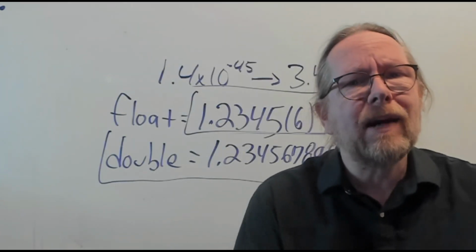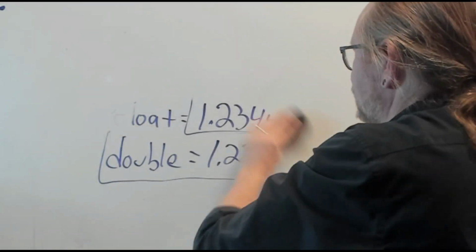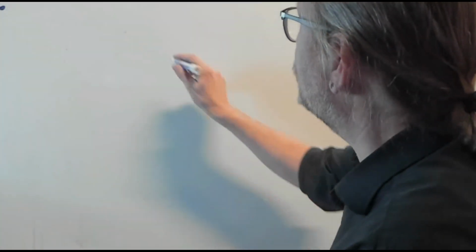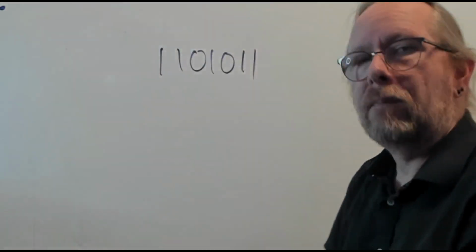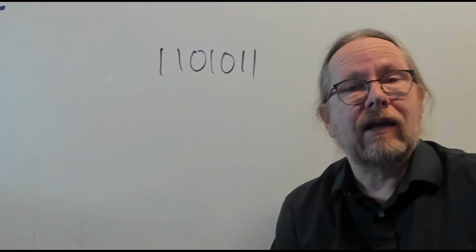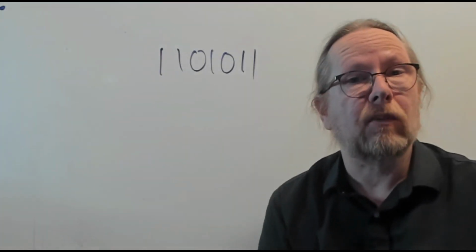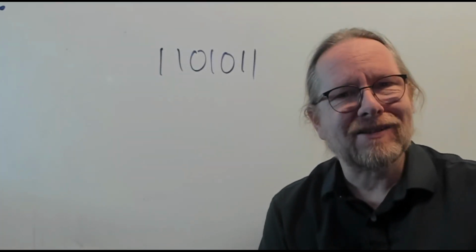I don't know how I'm going to test you on this because this is an online class. You could just look it up in your calculator, but you should be able to, if I give you a number like 1101011, convert that from binary into decimal without a calculator. I'm not saying you should be able to do it fast, but you should be able to do it.